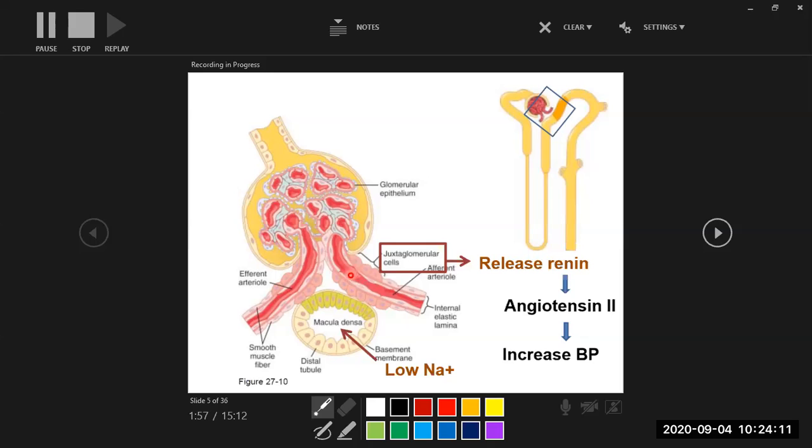Then the renin will be released into the artery, and then follow along, renin will convert angiotensinogen to angiotensin 1, angiotensin 1 to angiotensin 2, and angiotensin 2 then increases blood pressure. So that is what's going on here.